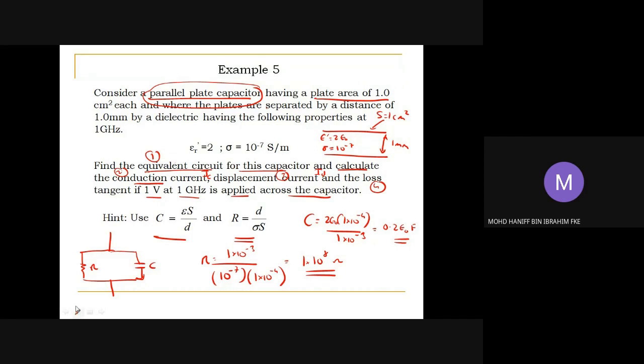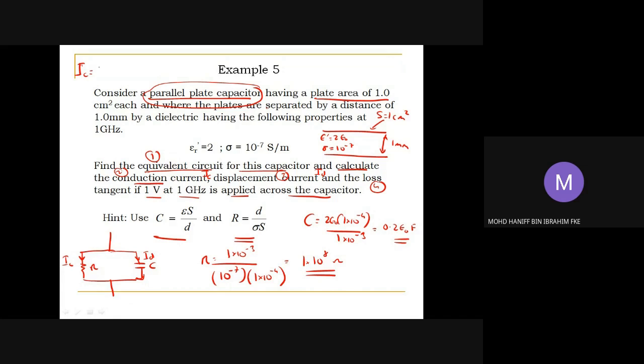Next we're going to calculate the conduction current. For the conduction current, I think we have agreed just now that the IC conduction current will be the current passing through this resistor. Whereas for the capacitance, the current that passes through it will be the ID, which is your displacement current.